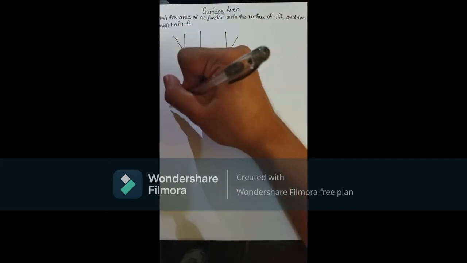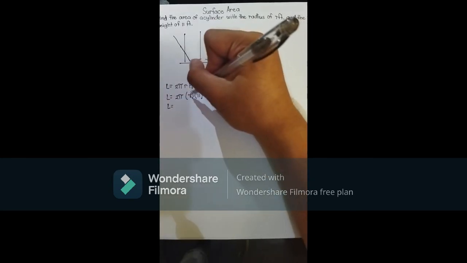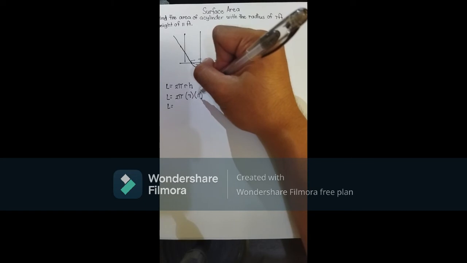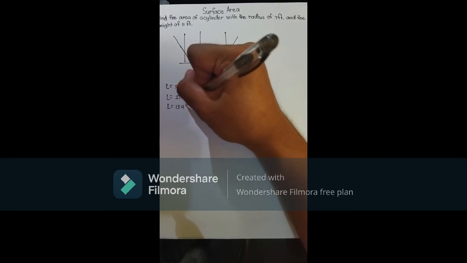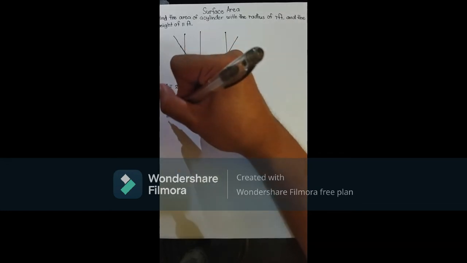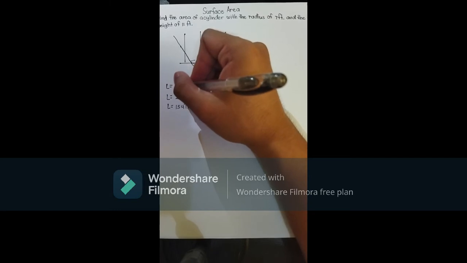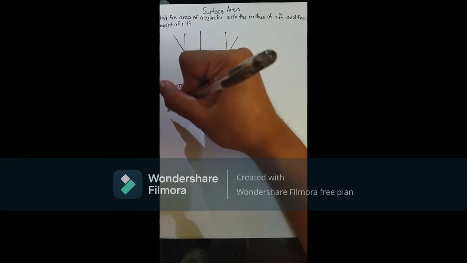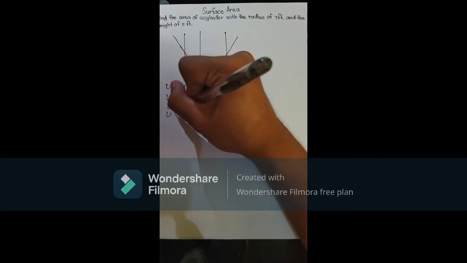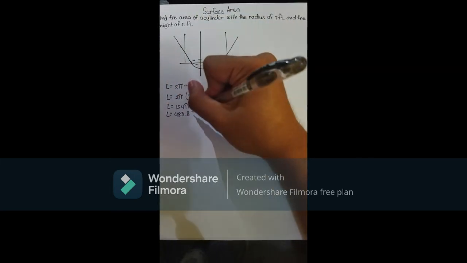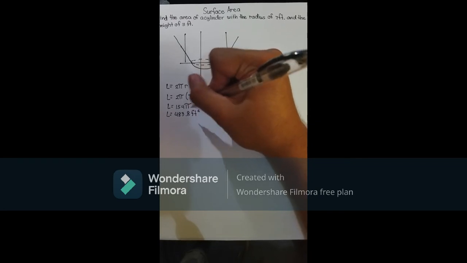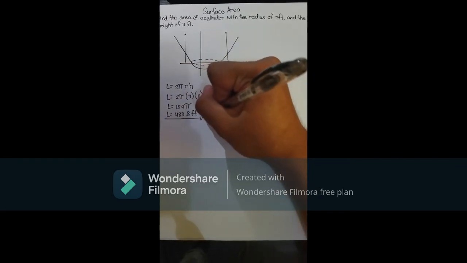So multiply: 7 times 11 equals 77, times 2 pi equals 154 pi. So convert it to decimal form. L equals 483.8 square feet. This is the answer.